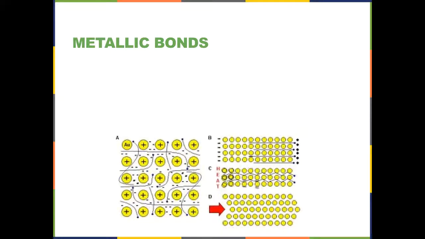Now this is a diagram I wanted to show you. A represents a piece of Au, which is gold, and it shows the gold nuclei as little yellow circles with a plus sign in the middle. What it's trying to show you here is the fact that these electrons are delocalized.